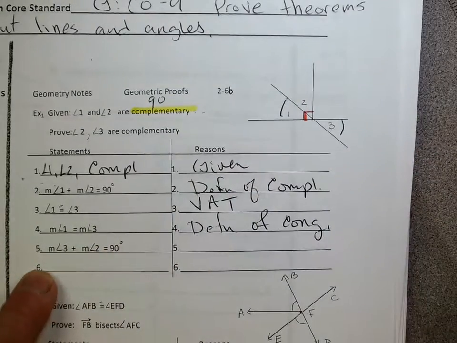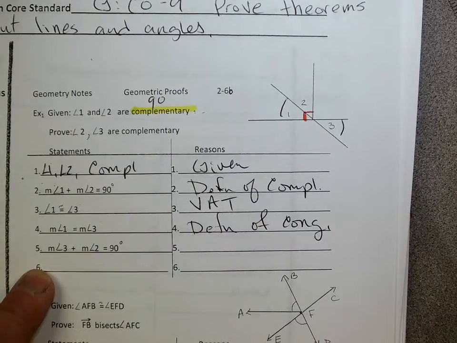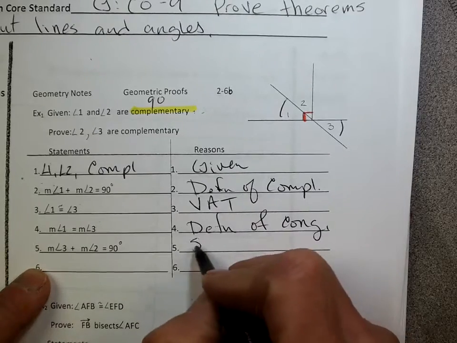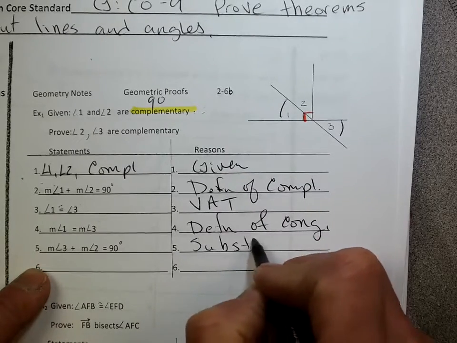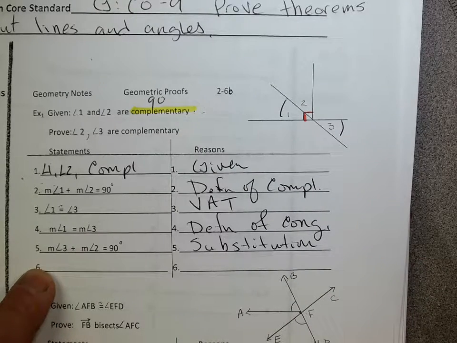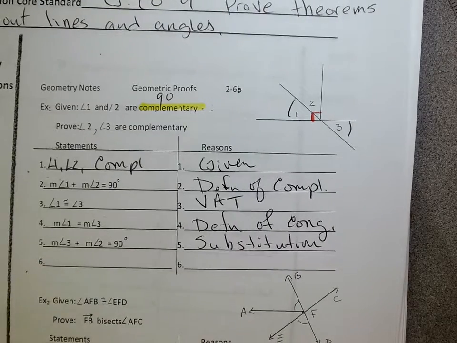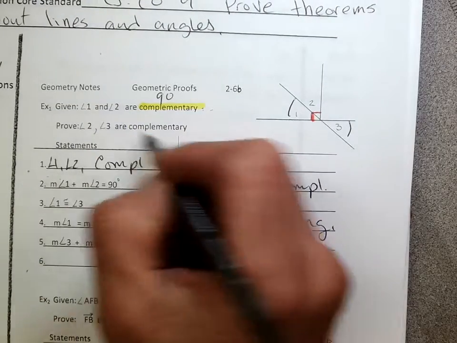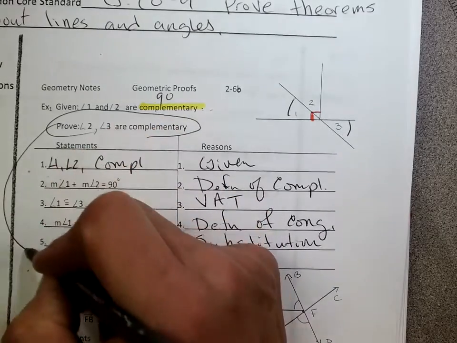So obviously, step 5, I just told you, is substitution, yeah. You could even call it transitive technically. They're kind of almost the same. Okay, the last thing obviously has to be this, because that's what we're trying to prove.